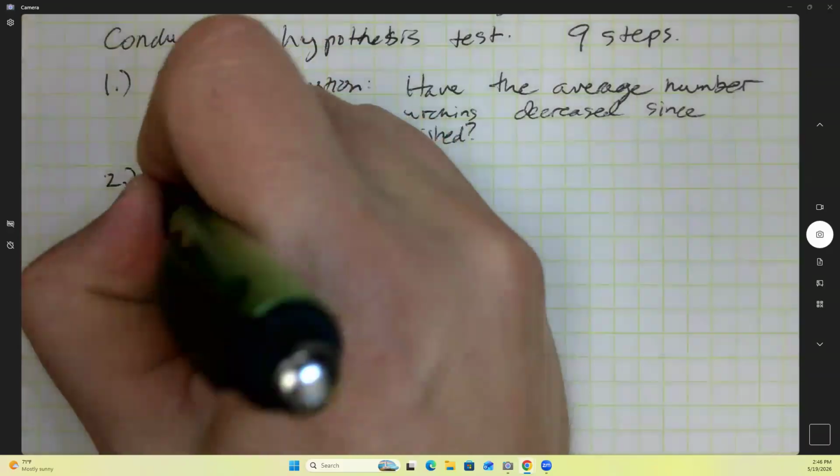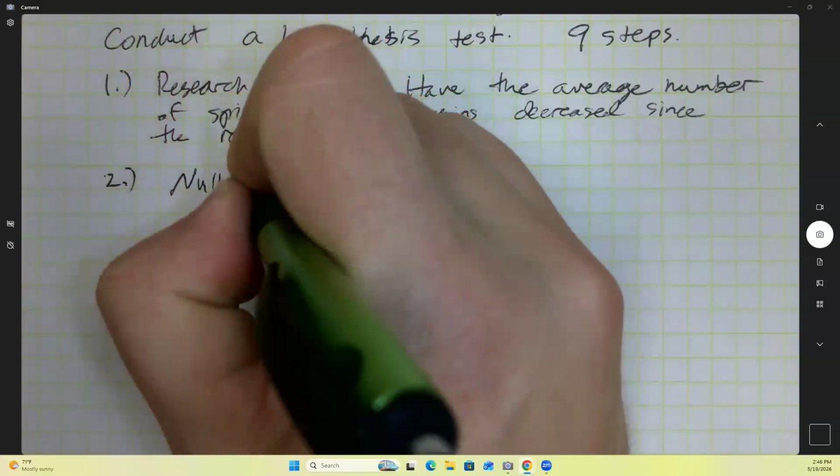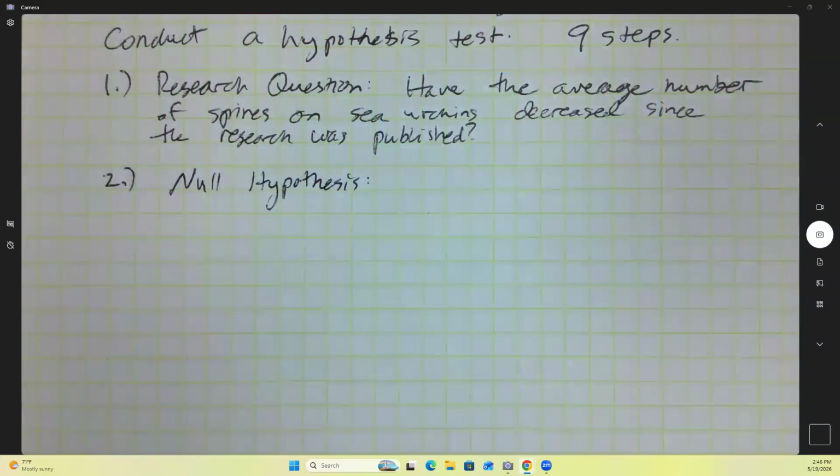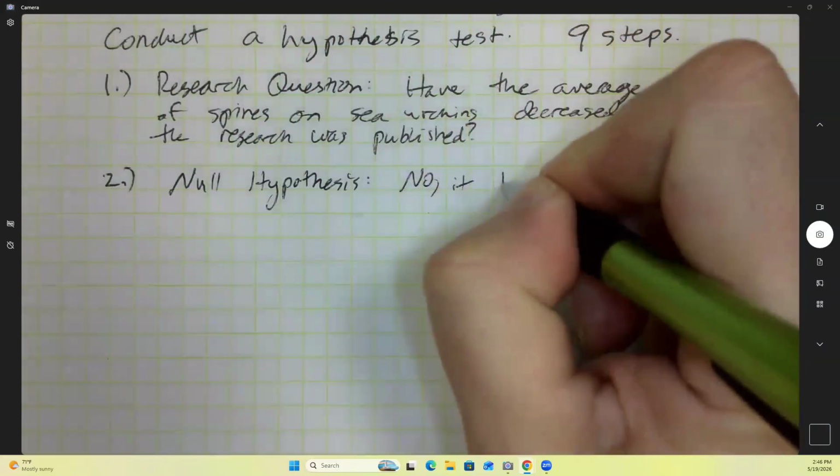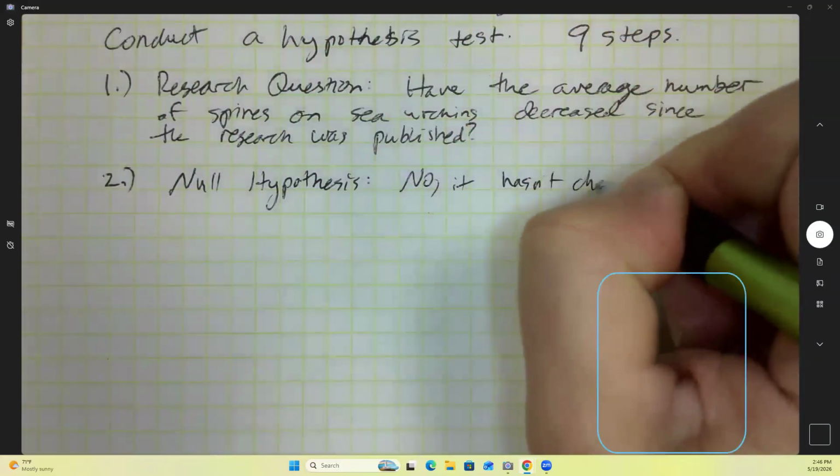Exactly. The null hypothesis and the alternative hypothesis. The null hypothesis is the boring answer. What's our boring answer to this question? Has the average number of spines changed? No, that's boring. Nothing to see here, right? Might as well study something else instead of studying something that hasn't changed. No, it hasn't changed.